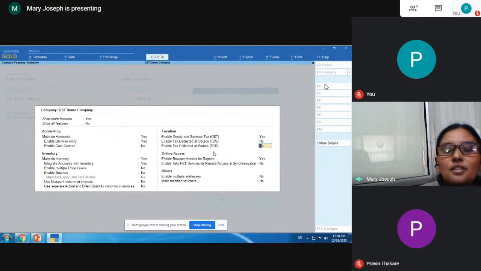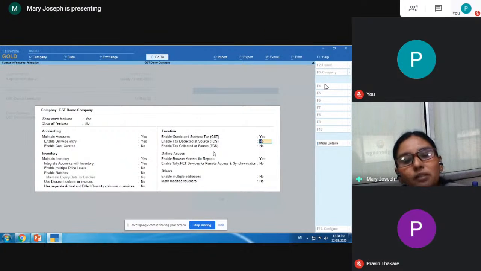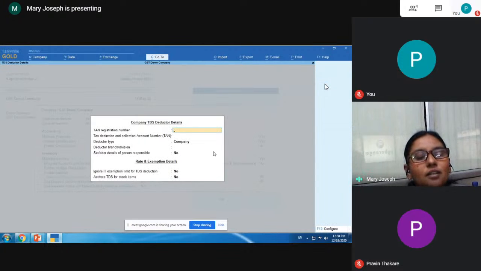Now we have completed all our GST. If you want to enable TDS also in the same company, then you have to set enable tax deducted at source to yes. Now write down the TAN registration number.